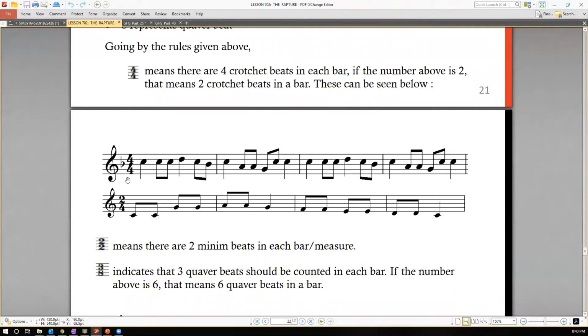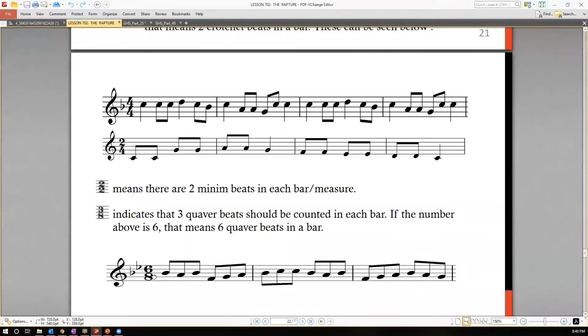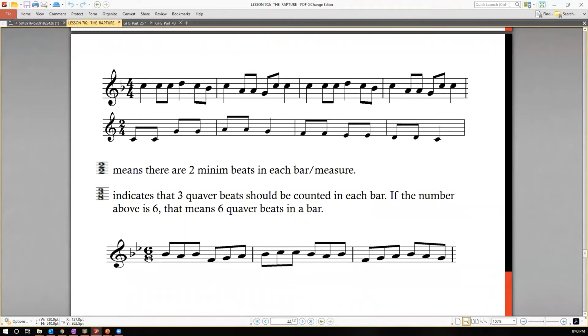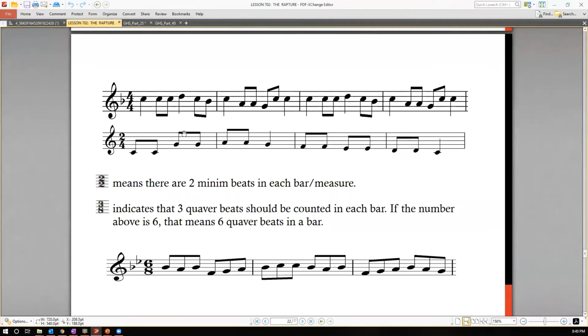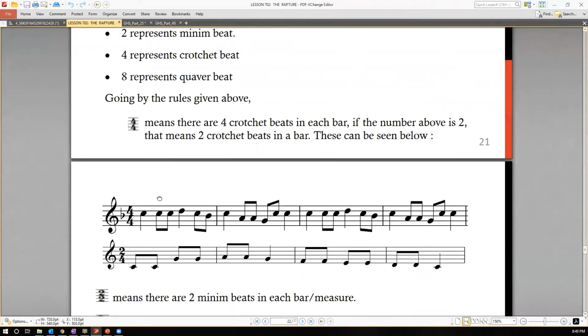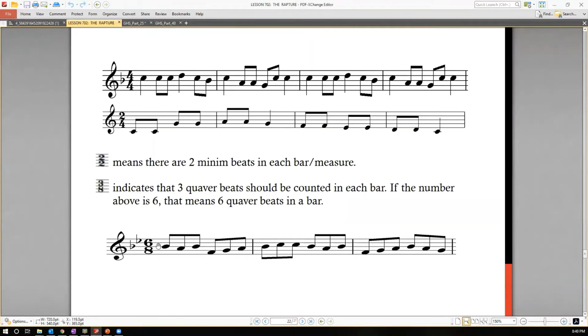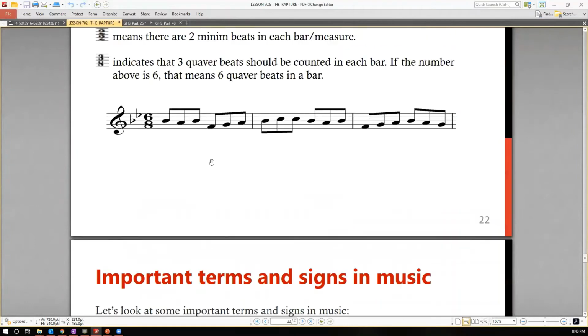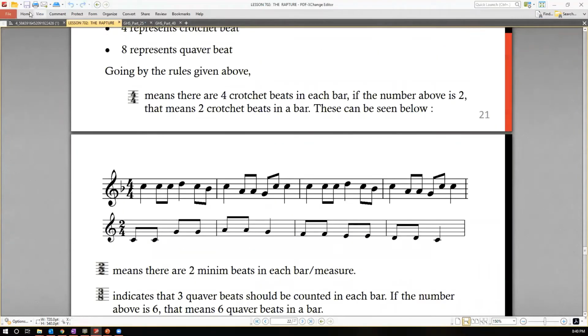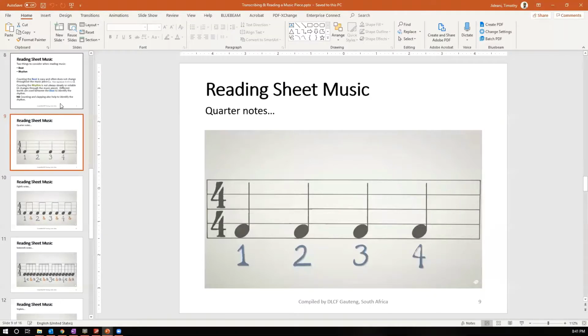Sometimes we can have 4/16, but mostly, depending on the type of music, you will have different time signatures. Commonly we will see a 4/4, normally a 3/4, and normally as well a 6/8. All right, so we'll have a look at another aspect.